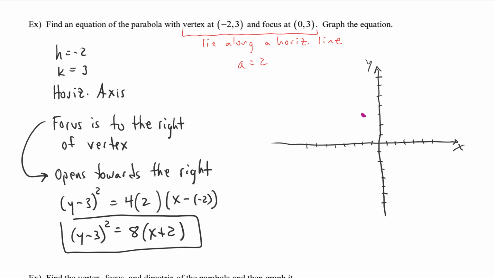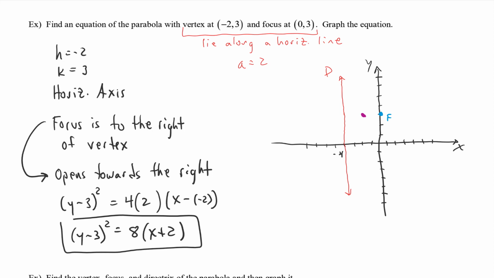Our focus is at 0, 3. And then that makes our directrix. Since A is 2, I'm going to go 2 to the left of the vertex. There's my directrix. It's back here at negative 4.